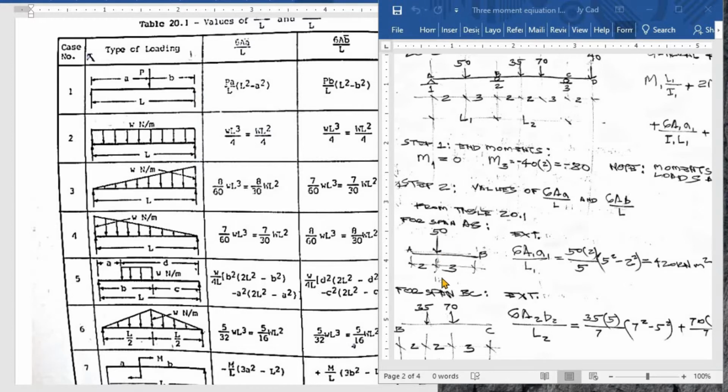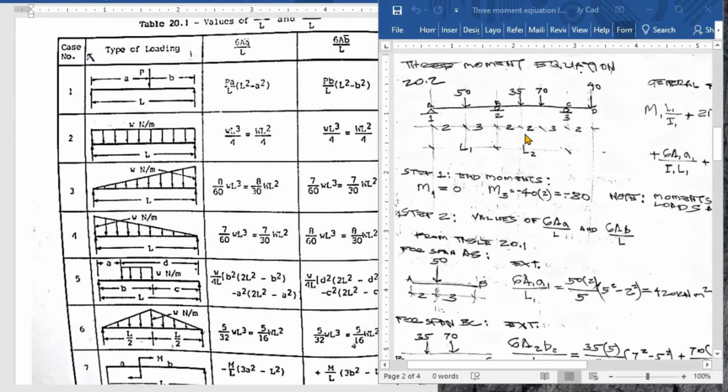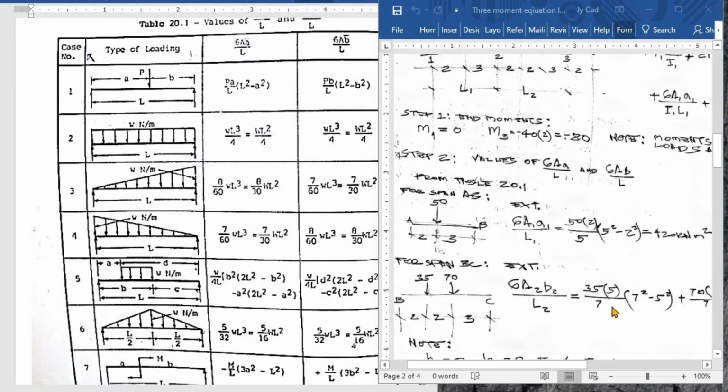So, for the 35 kilonewton load, ang kanyang A would be 2 plus 3. Okay? Take note, dito tayo sa end. Dito, no? So, 35 times 5 all over the length na 7. So, that is 2 plus 2 plus 3. All over 7 times the quantity 7 square minus 5 square.